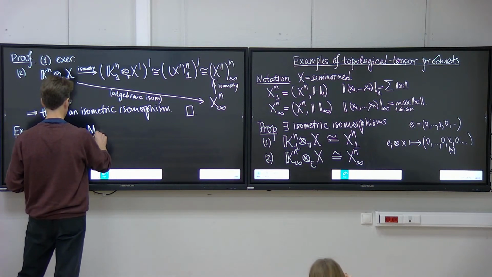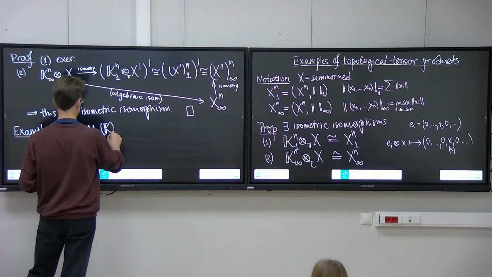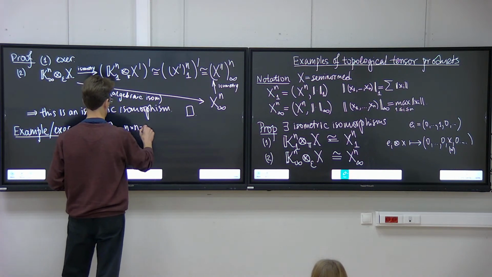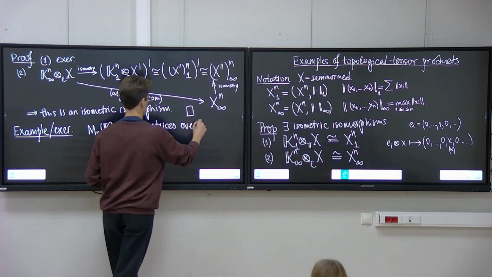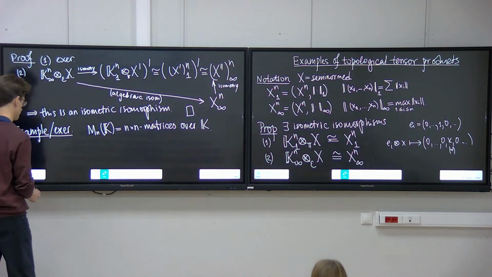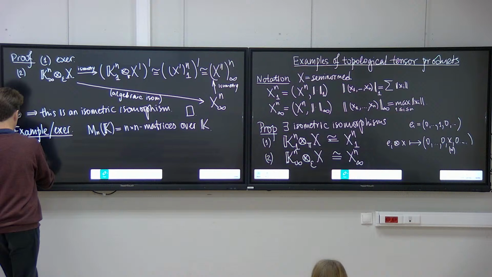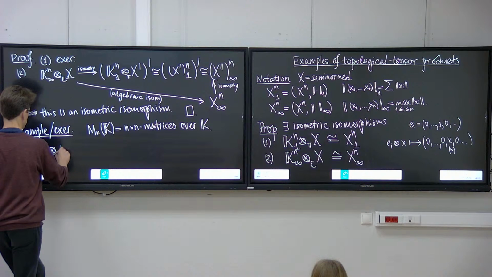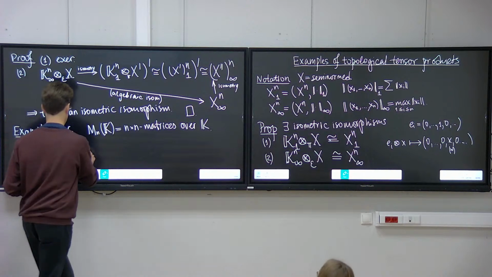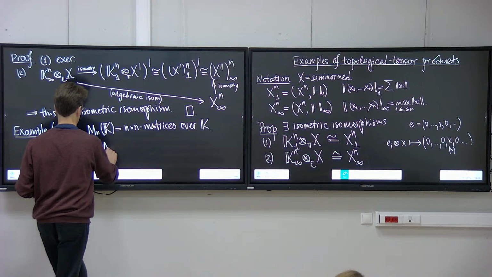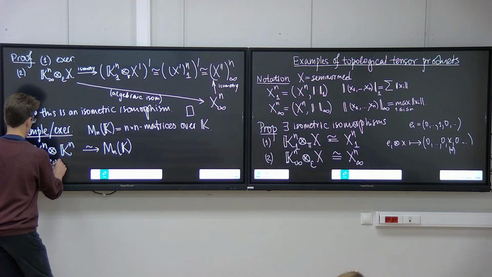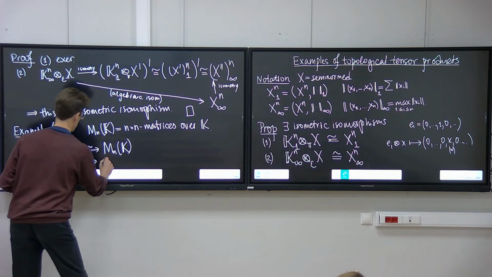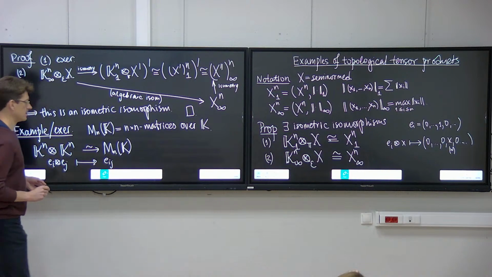Let M_n(K) denote the space of square n by n matrices over K. We have an isomorphism between K^n tensor K^n and M_n(K), which takes each elementary tensor e_i tensor e_j to the respective matrix unit e_ij.